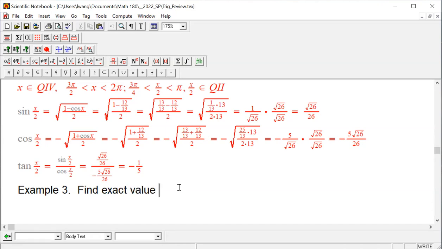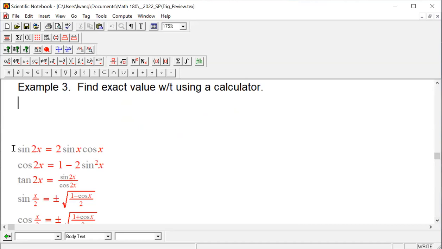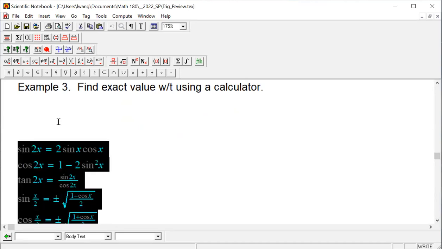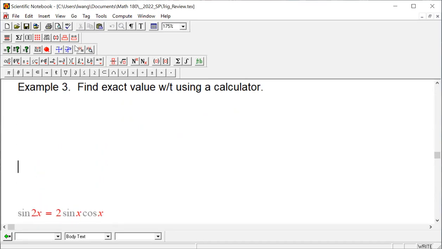without using a calculator. Okay, let's look at this one.